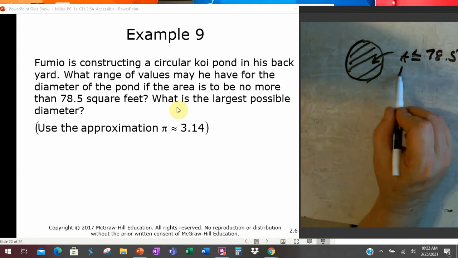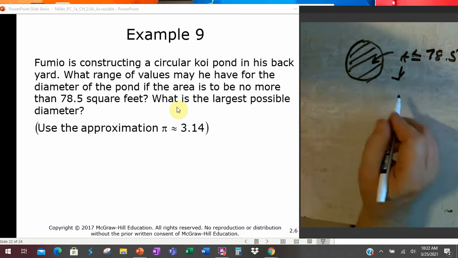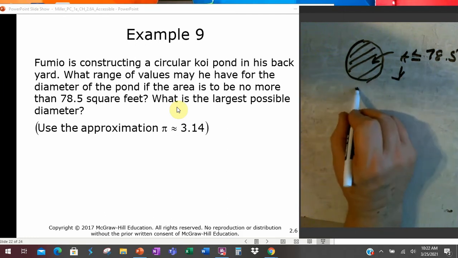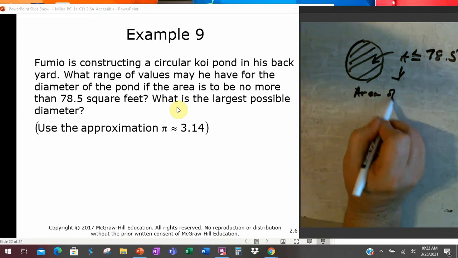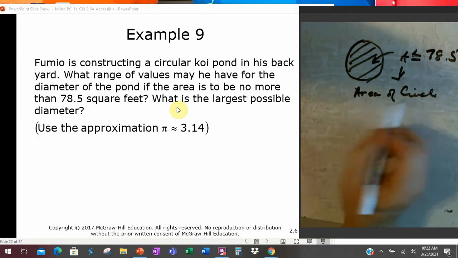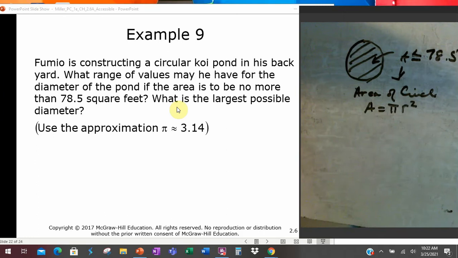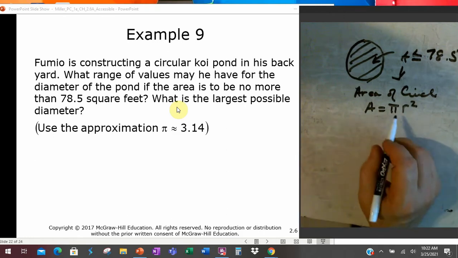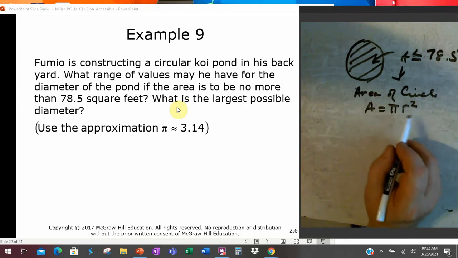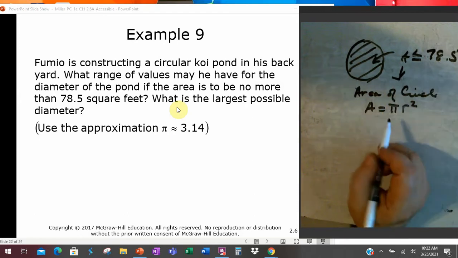So how do we set this? What's the fundamental area of a circle? The fundamental one is A equals pi r squared. Now, they are given the diameter. We can do this a couple of ways. We can solve for r.